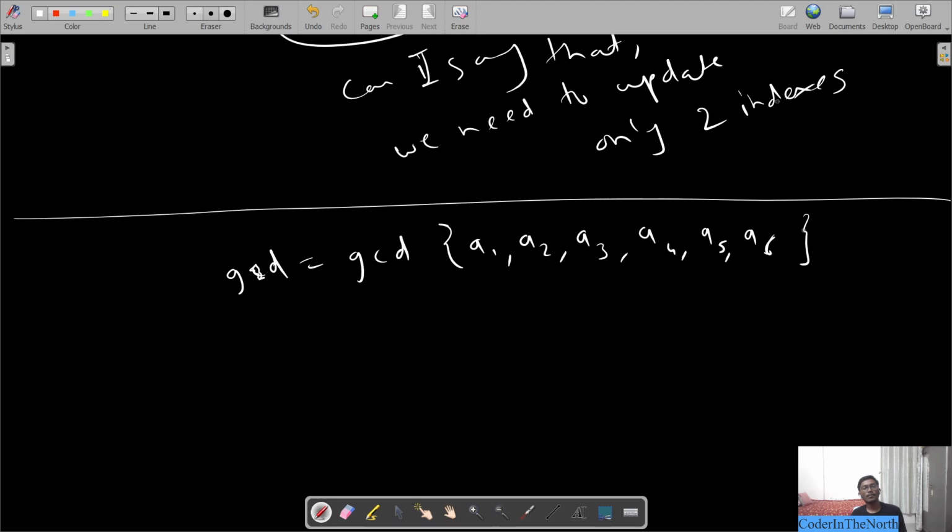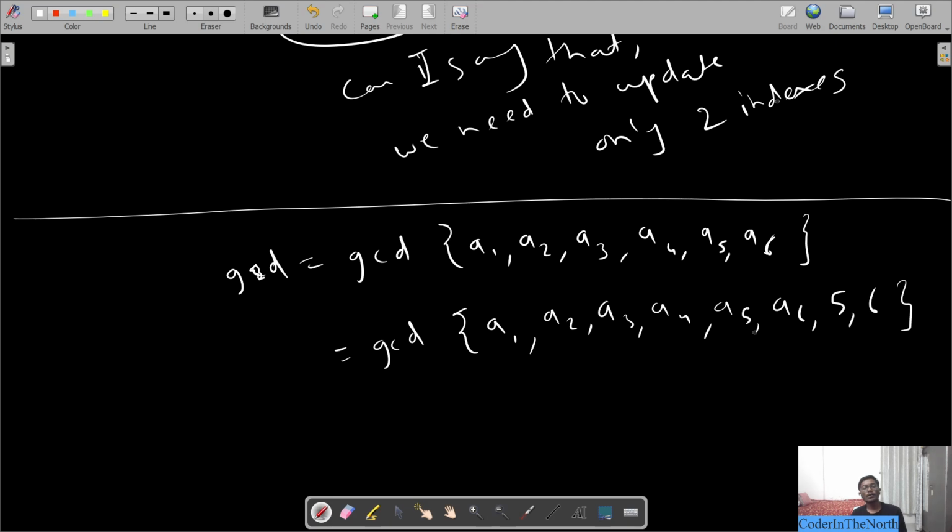Now what I did, when I took two new numbers, the set became like this: A1, A2, A3, A4, A5, A6, and 5 and 6. Because I took GCD of A5 and 5 and replaced A5 with it, and A6 with 6 and then replaced with it. Okay, so we have these numbers in the set now.